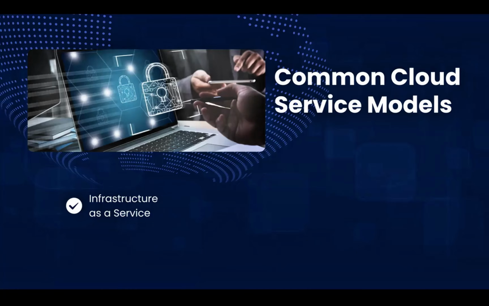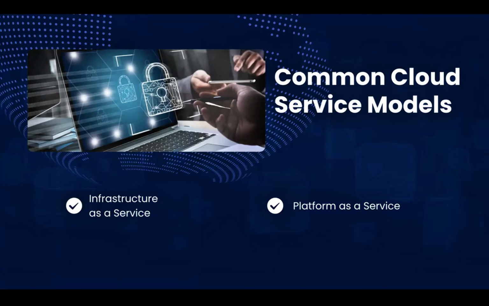It provides fundamental computing resources such as servers, networking, storage, and virtualization. The user responsibility involves management of the operating systems, middleware, applications, and data. Examples are Amazon Web Services AWS EC2, Google Compute Engine, Microsoft Azure Virtual Machines, and Rackspace.